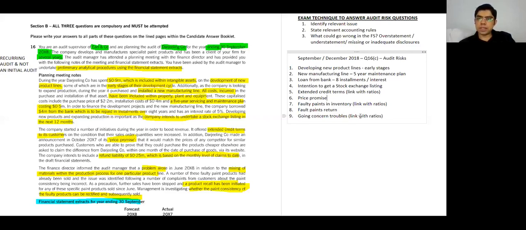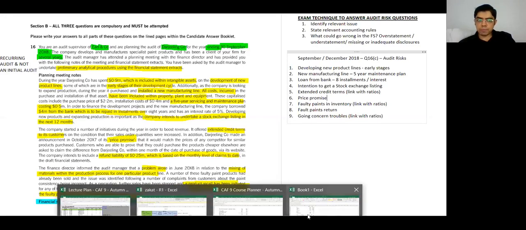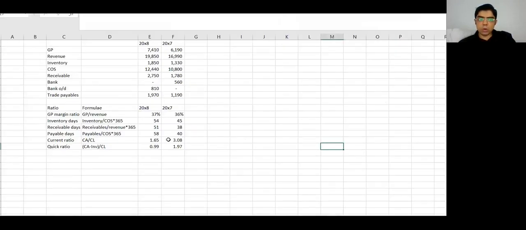You calculated payable days, you calculated current ratio, you calculated the acid test ratio. And if we just quickly look at those ratios, you would see all of them depict a negative trend. Payable days have increased, which means a worsening trend.